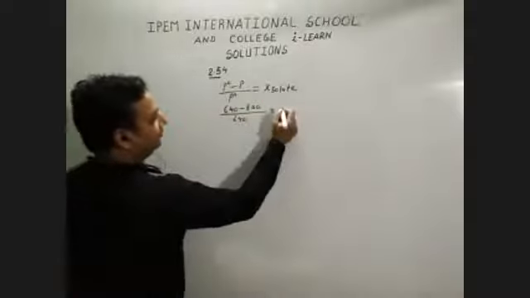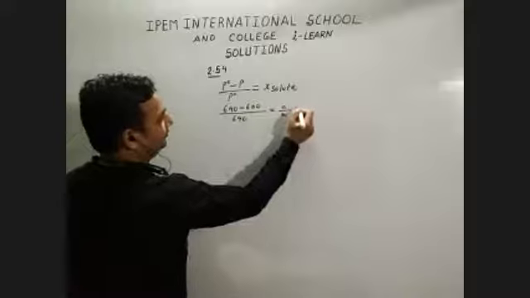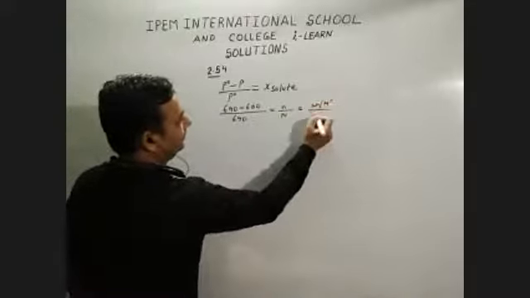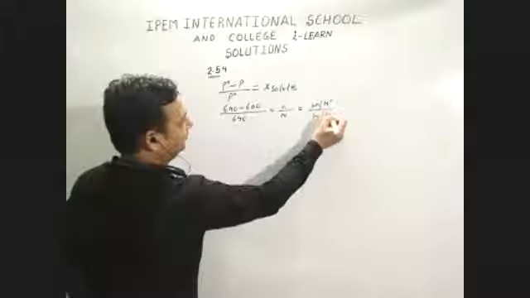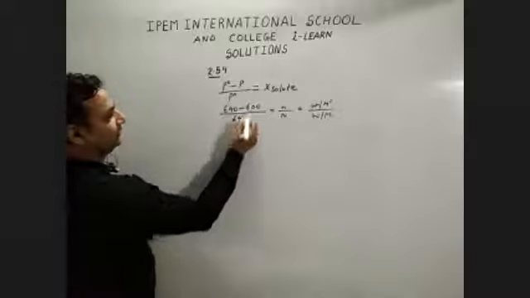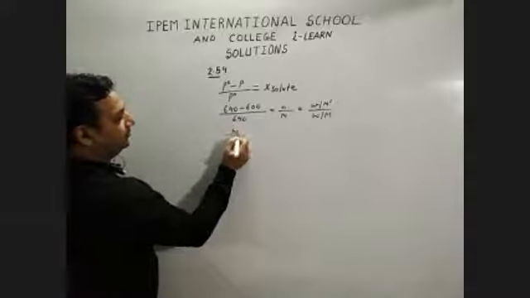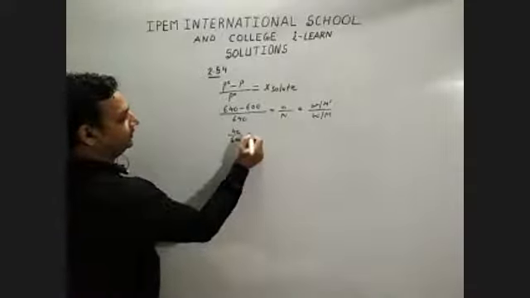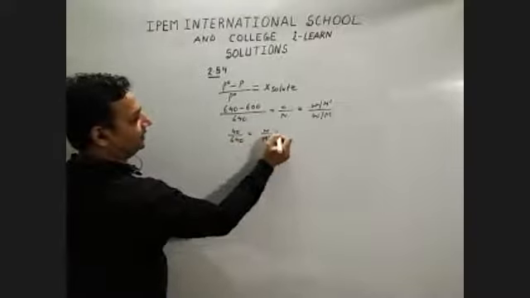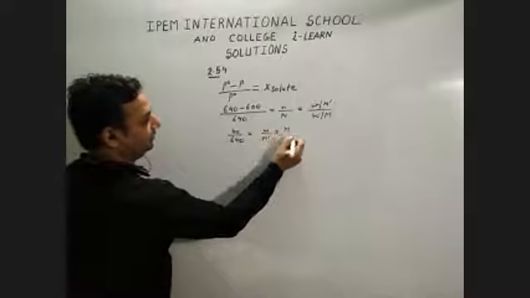Number of moles of solute upon number of moles of solvent, W upon M dash upon capital W upon M. This will become 640 minus 600, that will become 40 upon 640 is equal to W upon M dash into M upon W.